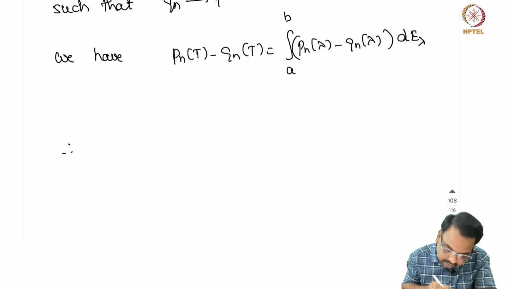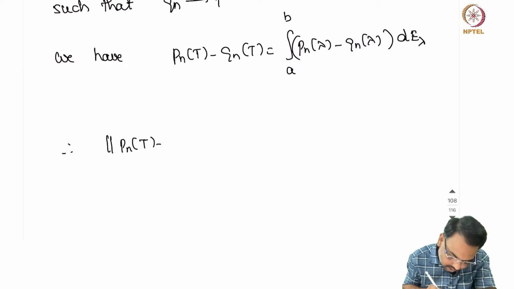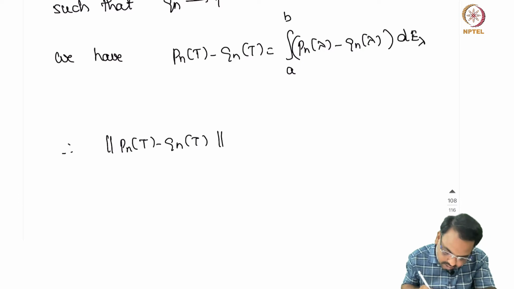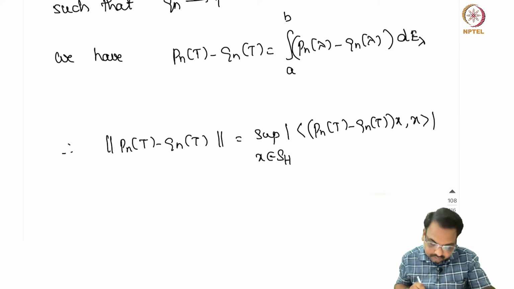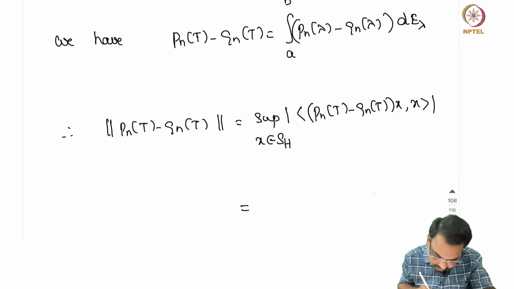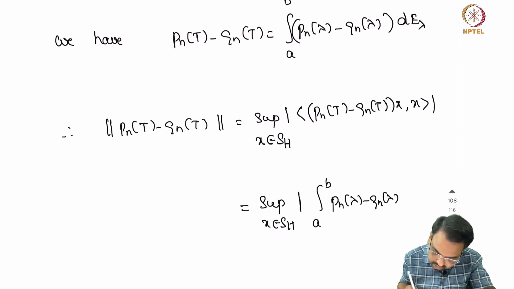Therefore we can say that the norm of Pn of T minus Qn of T is nothing but the supremum of the modulus of the inner product of (Pn of T minus Qn of T) x with x, where x comes from the unit sphere of H. So this is nothing but the supremum of the modulus of the integral from a to b of Pn lambda minus Qn lambda dE lambda x, inner product with x.